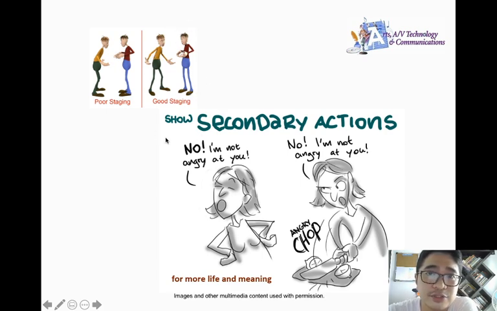Also, you can show secondary actions like this one. Basically the emotion is also a key. Kasi as you can see dito, no, I am not angry at you. Pero dito is makikita natin na with some facial expression and some movement, makikita natin yung kanyang emotion.